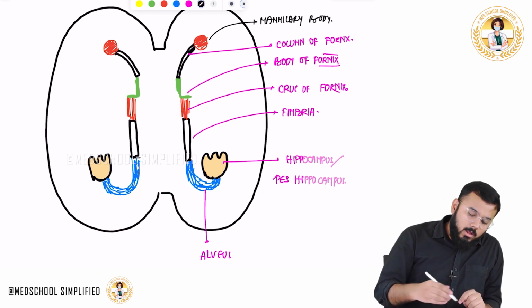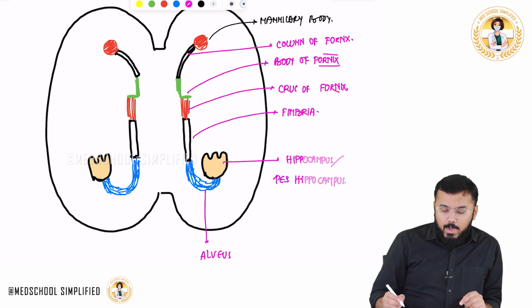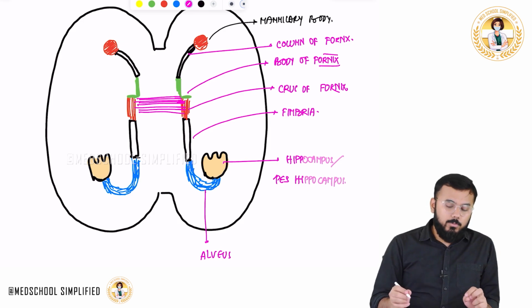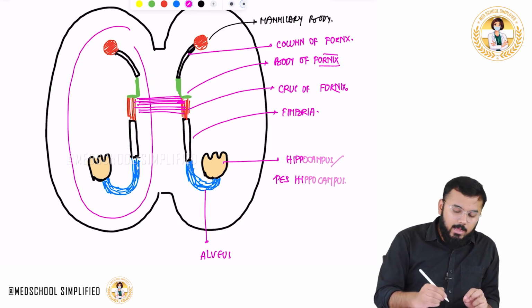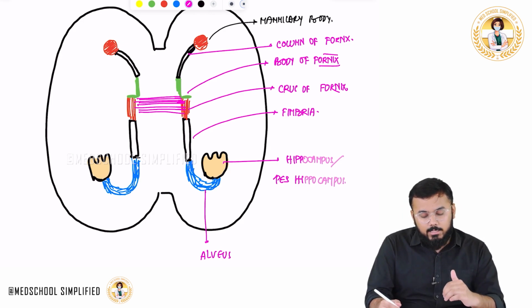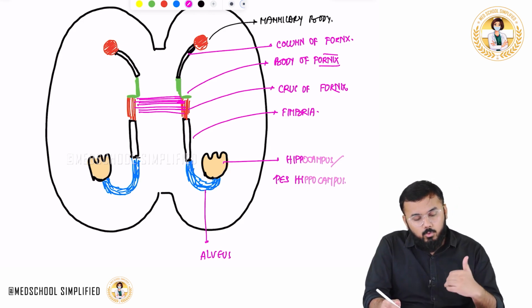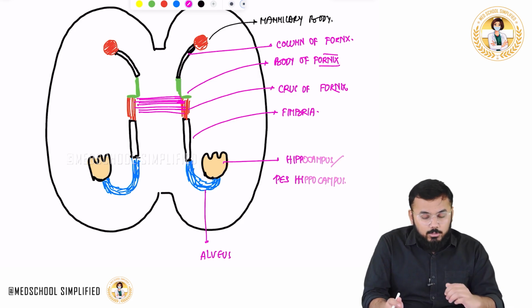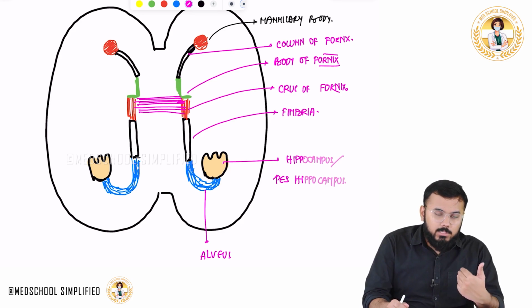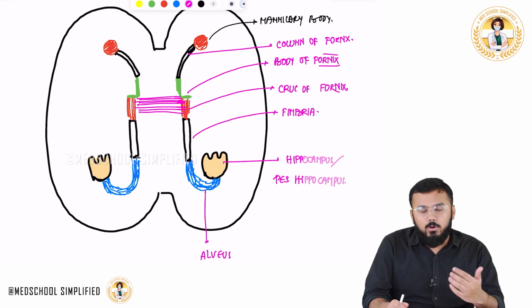Now by the way, attached to the two crura, here you have a group of fibers. What are these fibers? These fibers are connecting the structures on the right half to the left half. These are called commissures. Anything which is connecting the right half to the left half is called a commissure.